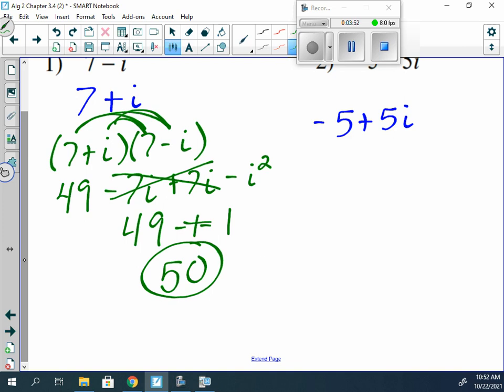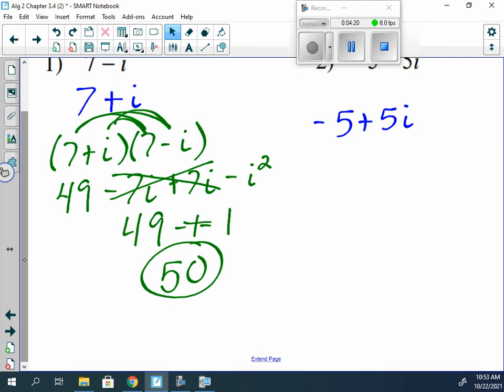Because these canceled out and i squared became negative 1. Do I have i anymore? And that's what's nice about these complex conjugates: when they are multiplied together, the i terms go away. They cancel out. And that's why we can have one of them as a solution, because we need both. They come in pairs, because when they are multiplied back together, they do cancel out.